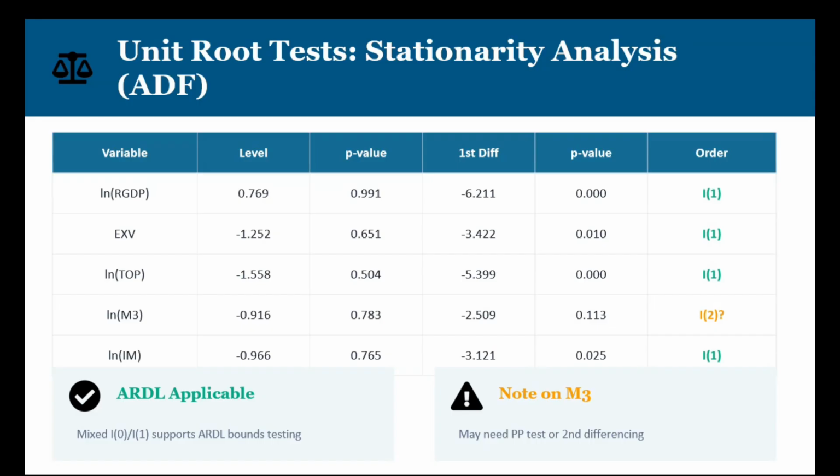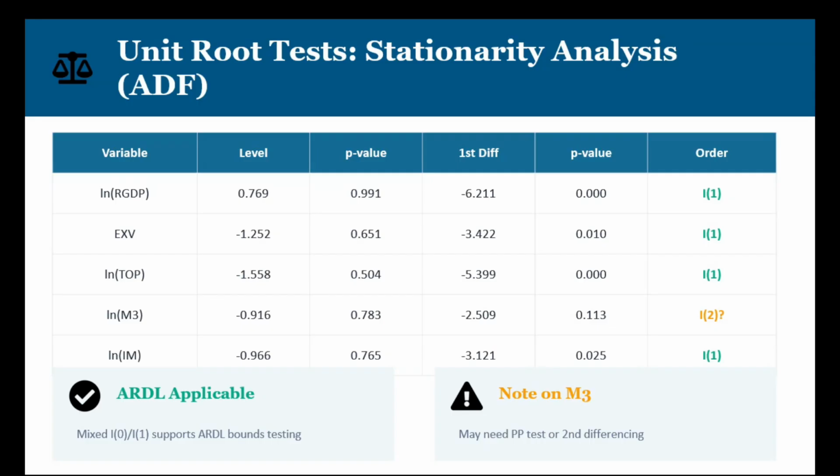It might be the assignment. Maybe I can give you this table and then you can interpret it. The p-value here is not significant. Can you see? At level it is not significant.